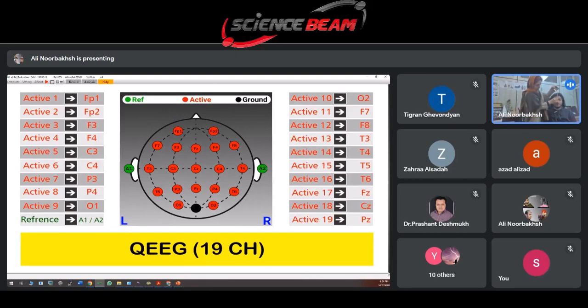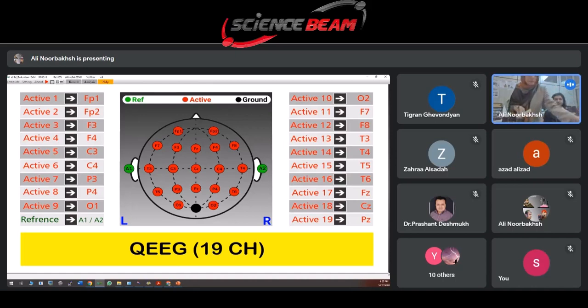From nasion to inion point, it's 40. We should highlight CZ.